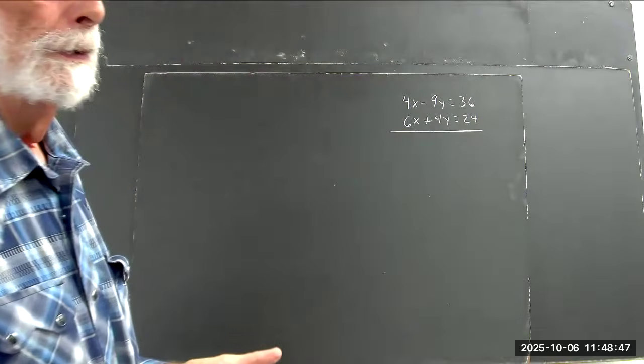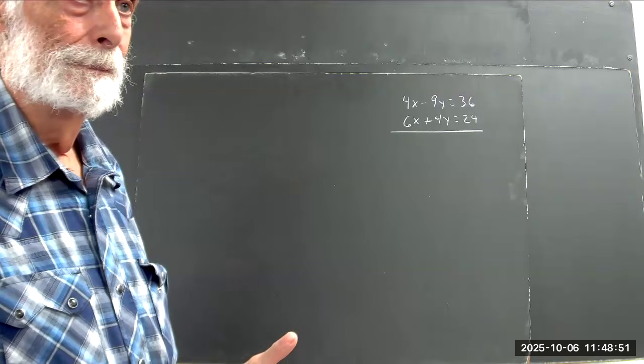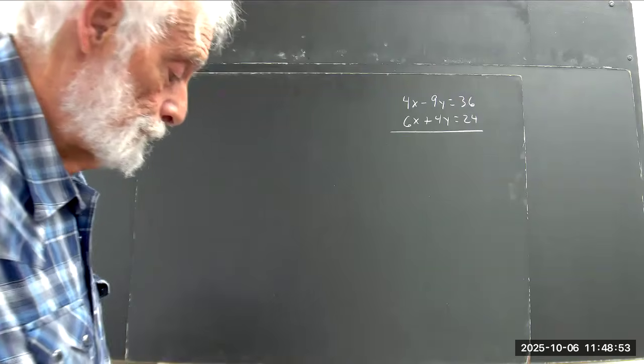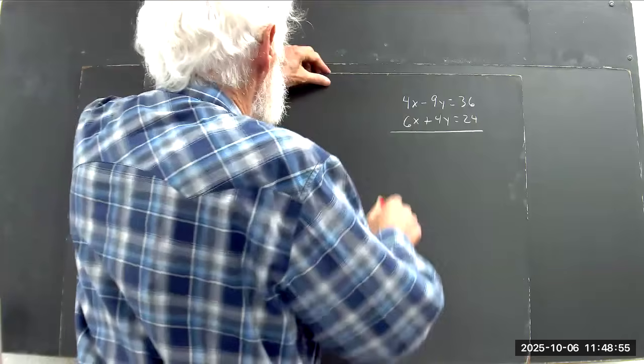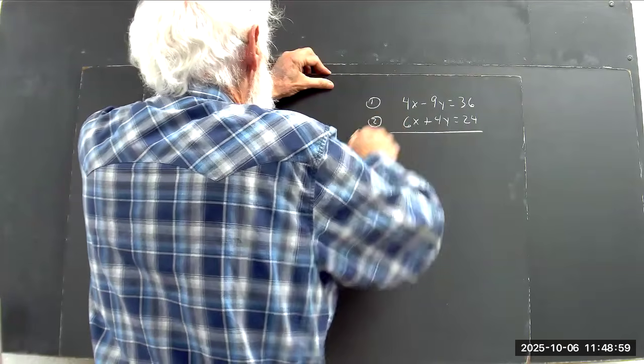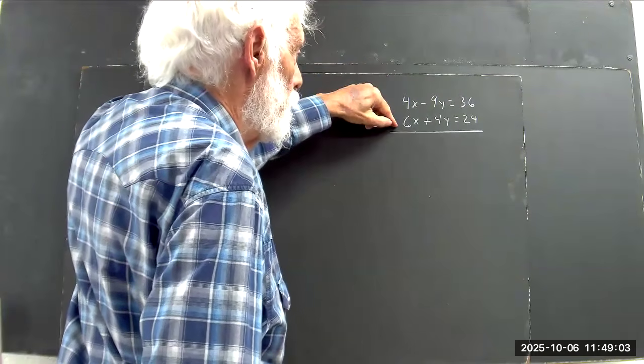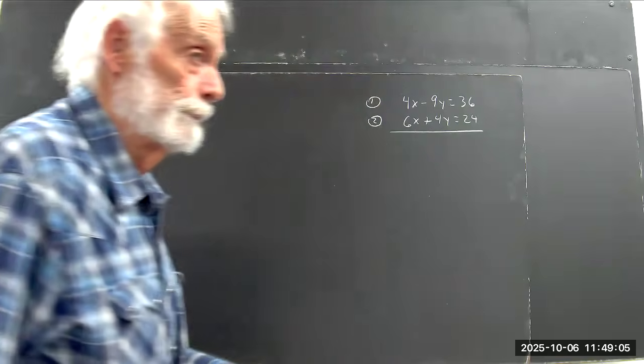Now watch what I do here, and I recommend that you imitate it. Circle 1 and a circle 2 means this is equation 1 and this is equation 2.